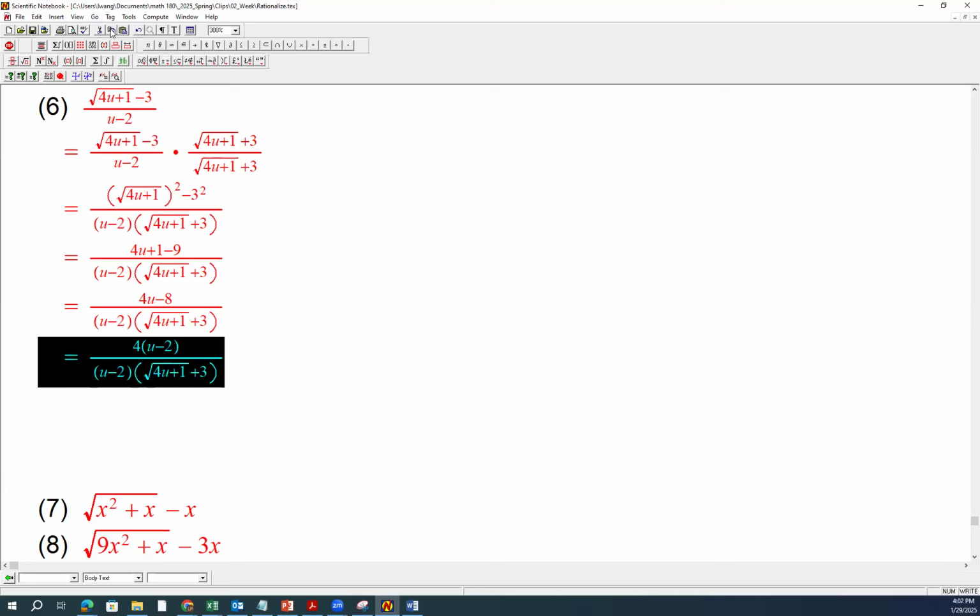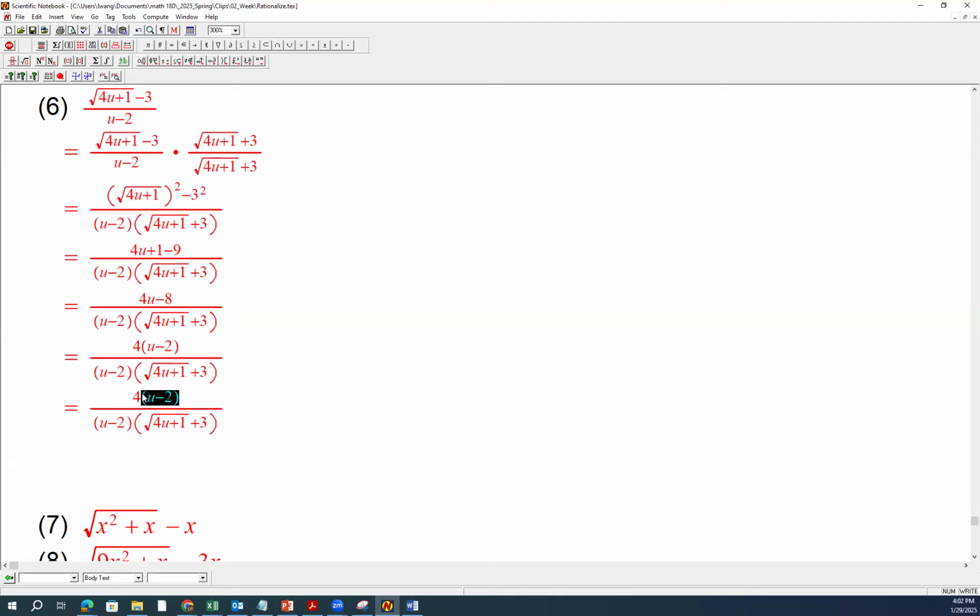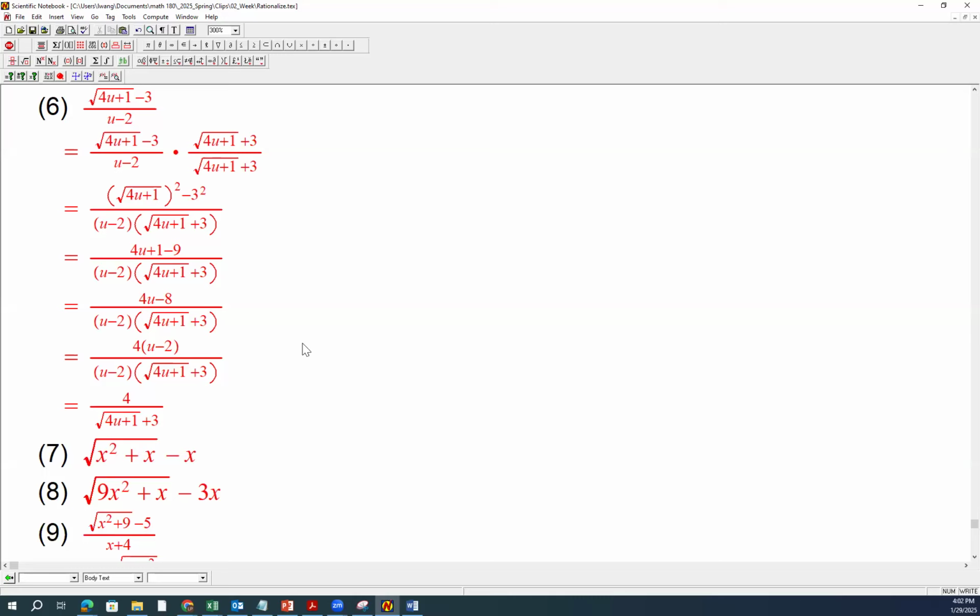So our next step would be u minus 2 reduced from both top and bottom, and the parentheses can be removed as well. And you're done, you're finished. Then you say, can I reduce the 4? No, of course not. If you have that kind of question, you should review your elementary algebra.